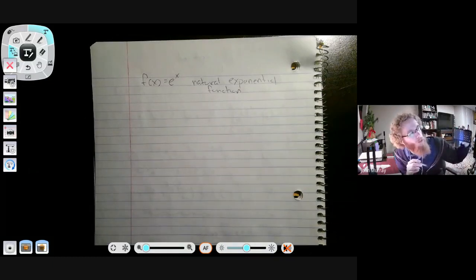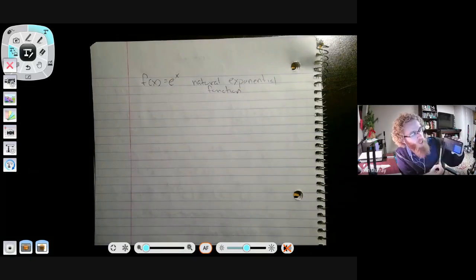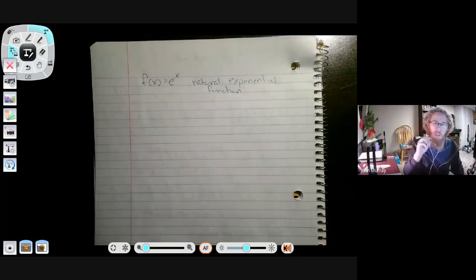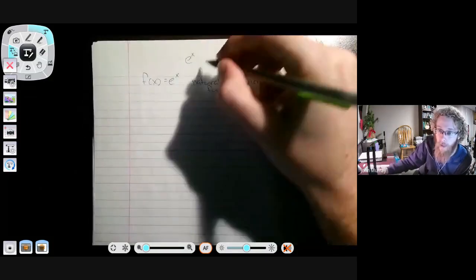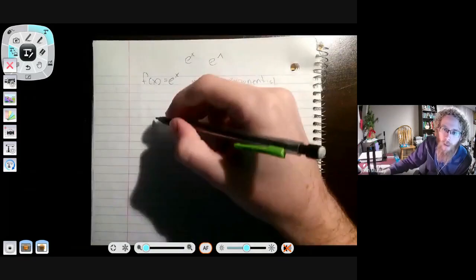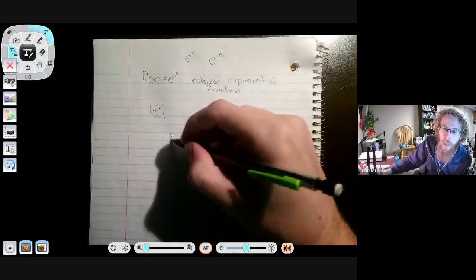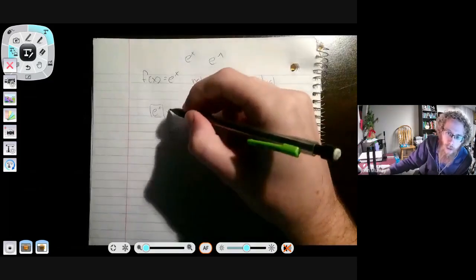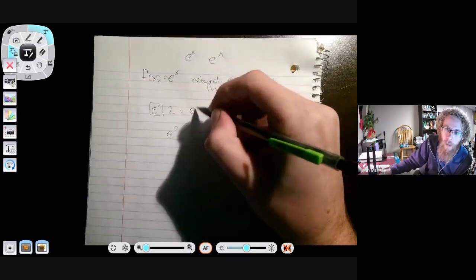But if you're doing it on an iPhone, usually if you turn your phone sideways, with screen rotation on, you get a whole bunch of new operations in landscape mode, and you should see the e button there. It might look like e with the x, or it might look like e with a little caret after it. When you hit the e button, it types in e, and then usually it gives you a little space, and then you just type in whatever you need after. e to the second. That would be e to the second.